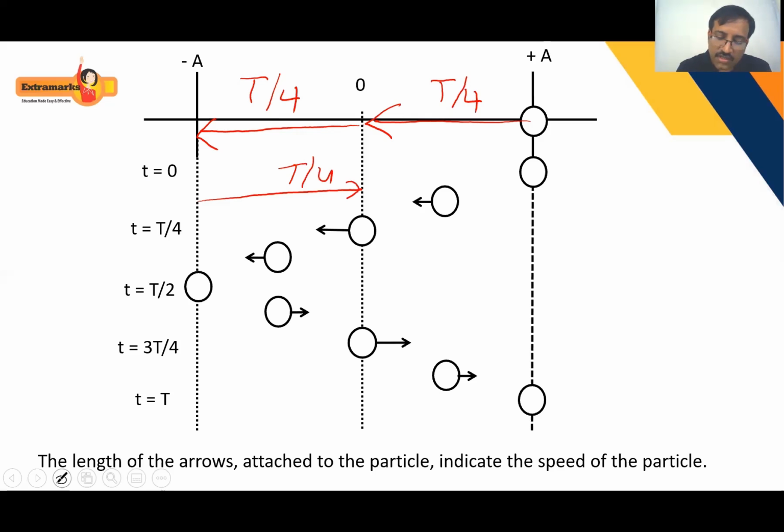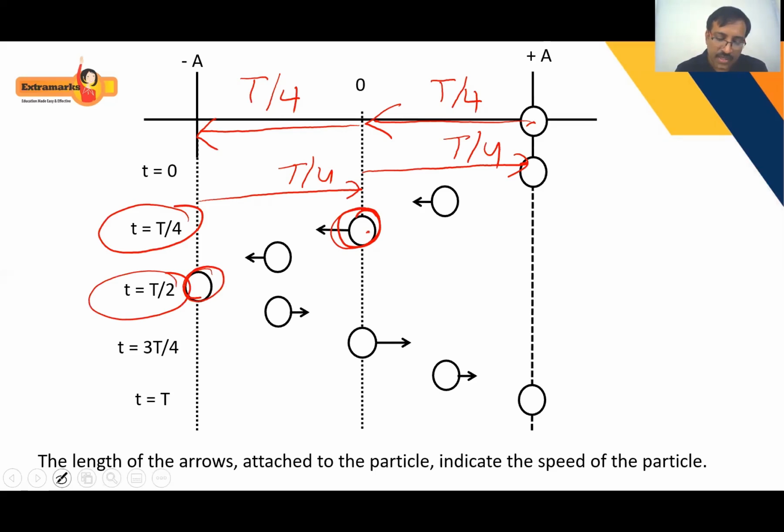Finally from here to here it came back, one oscillation. You can see when it goes from here to here it takes T by 4 time, here to here T by 2 time, here to here 3T by 4 time, and finally it reaches T time.